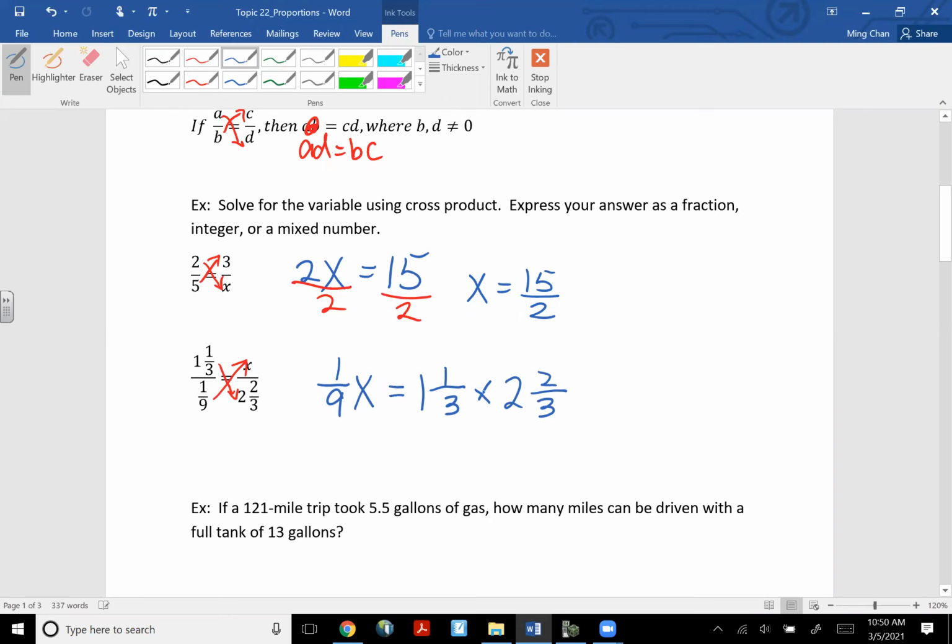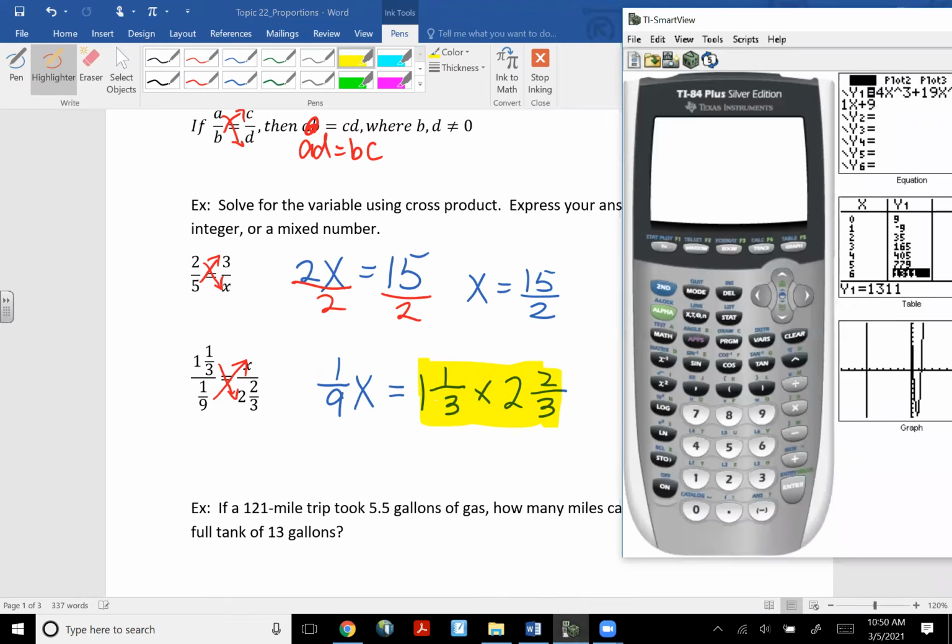Okay, so multiplication between anything is still one term. Earlier we said 5 times 3 is 15, so we write 15. But here I wrote it out so we can put this in the calculator. Remember, this is still one term, but between the whole number and the fraction, we have to enter a plus sign. That's the reason why you want to put each mixed number in parentheses by itself.